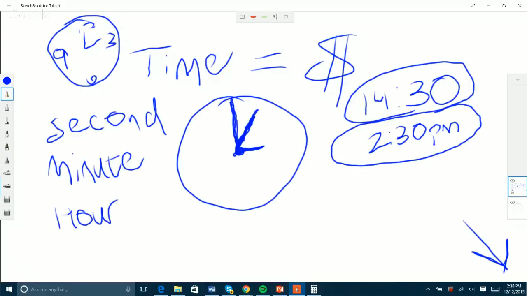Now the thing about clocks is it's actually geometric, and it also has to do with measuring. Usually, some people might ask you what time it is.